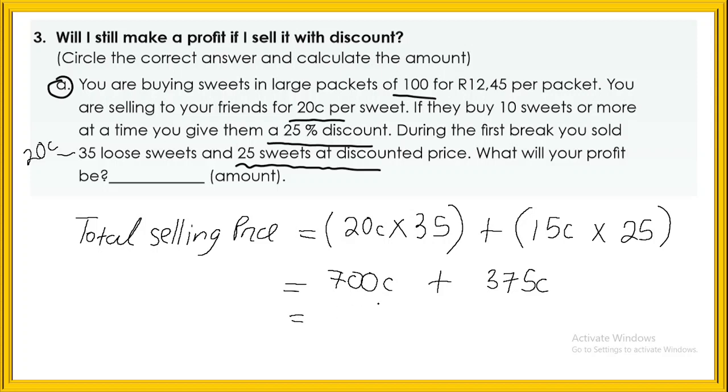So 700 plus 375, we have 1,075 cents, which is just how many rands? 1 rand is 100 cents.